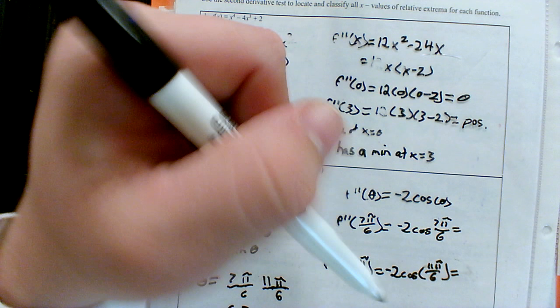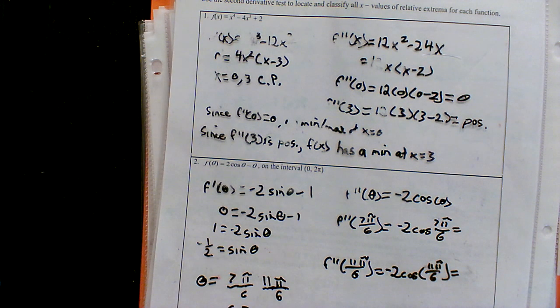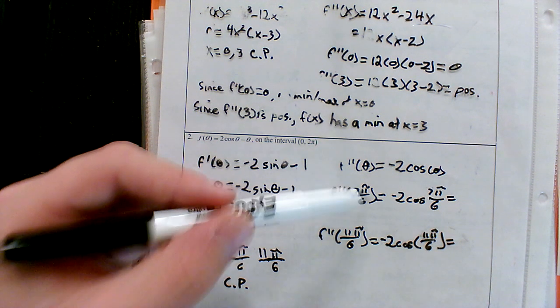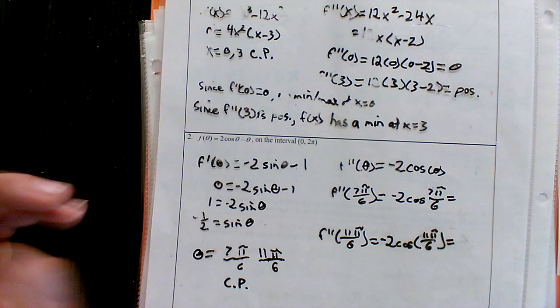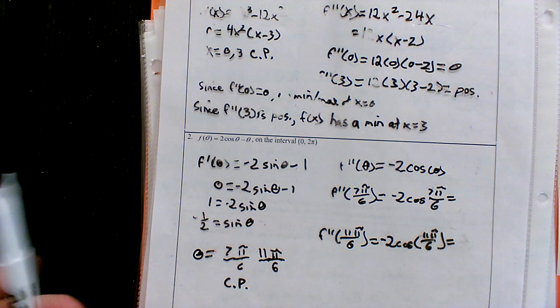Now again, if you can think about what the answer is, you don't actually have to find the actual answer because we're looking for positive, negative, or 0. We're plugging in the 2 critical points, so this is just plugged in. You don't necessarily have to find the answer, you just have to determine whether it would be positive or negative.